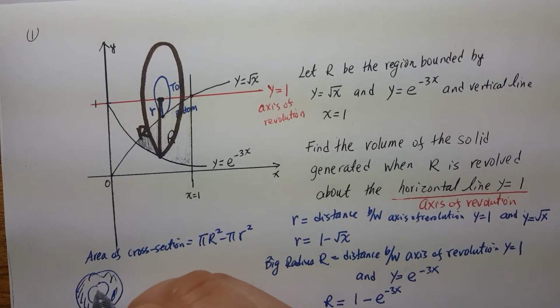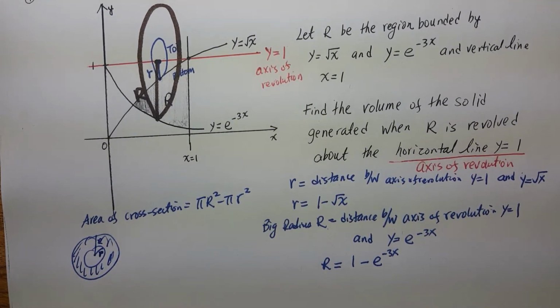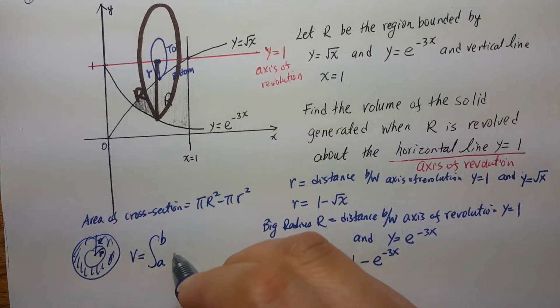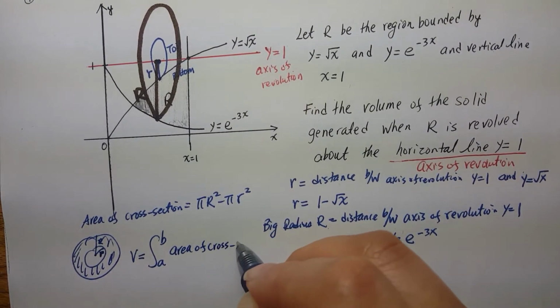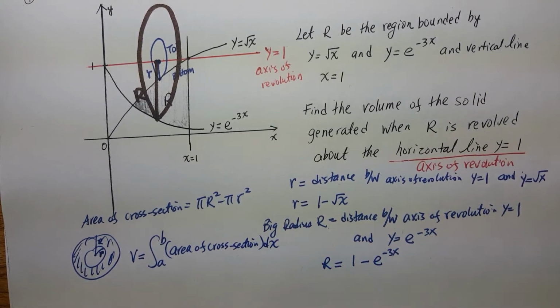So you're going to have big R, small r. Now the volume equals the integral from a to b of the area of the cross section dx. That was the general formula that we learned.